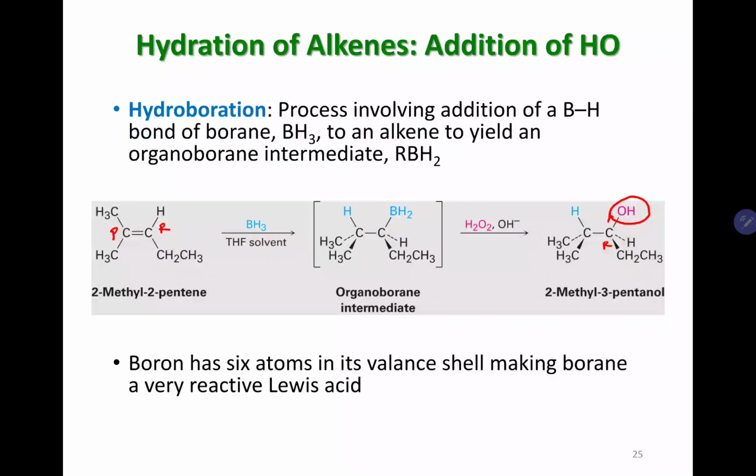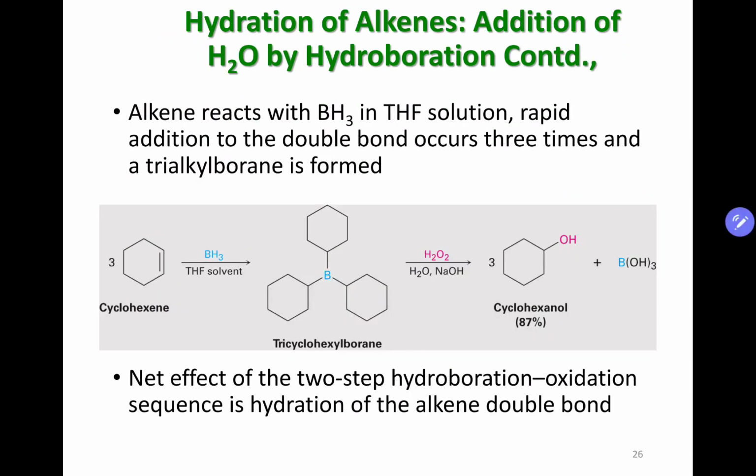See, the rich carbon got the OH, and the poor carbon got the hydrogen. So this is non-Markovnikov, or you can say anti-Markovnikov. And this is the most important difference between oxymercuration and hydroboration.